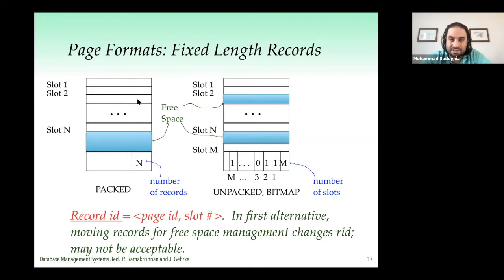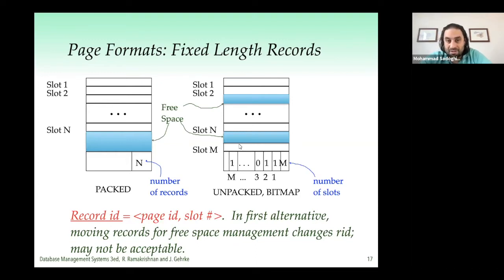But any reorganization of this page may, or will, result in invalidating some of the existing record IDs for some records, because before they were in the 5th slot, now they're going to be in the 3rd slot. So there is a shifting that is happening. In addition to the cost of maintaining this page as a result of reshuffling, we may invalidate some of the existing record IDs.